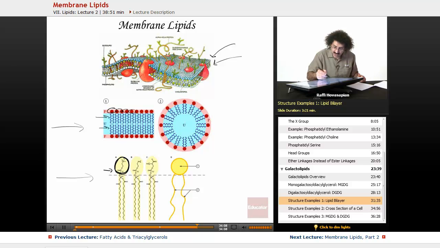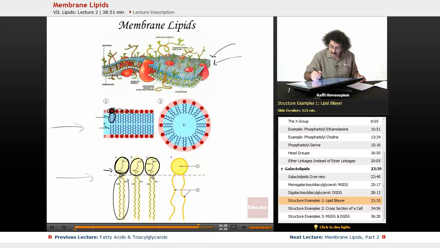Okay? That is that. And these down here, that's that. In this particular case, same thing, except we have ethanolamine instead of choline, but we have our phosphate. And here we have our serine.